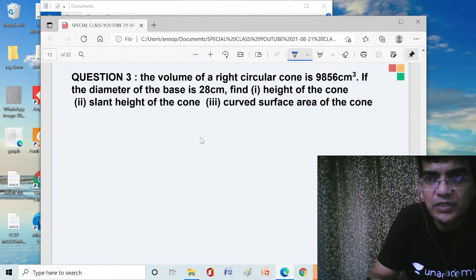So let's write the formula. It's 1 upon 3 pi r square h. This is the formula for volume. Now in this formula, let us substitute the values.